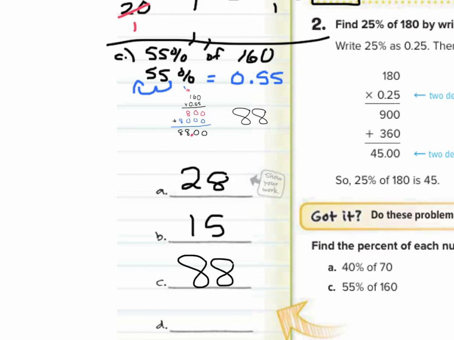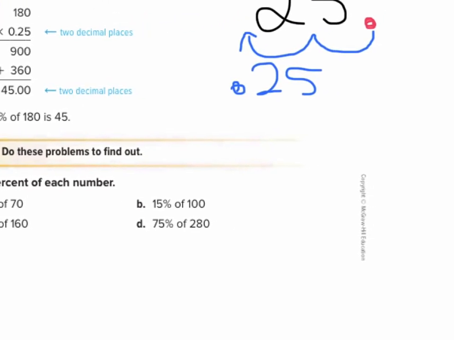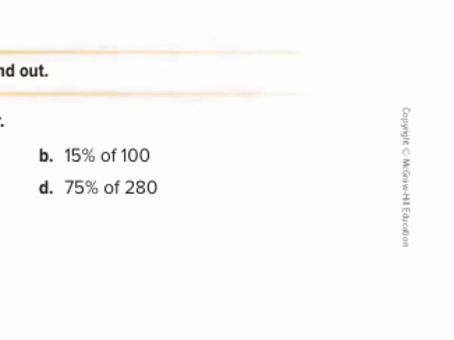Now as we look at D, 75% of 280. I'm going to show this work down here. So 75% as a decimal. Decimal point is right here for now.